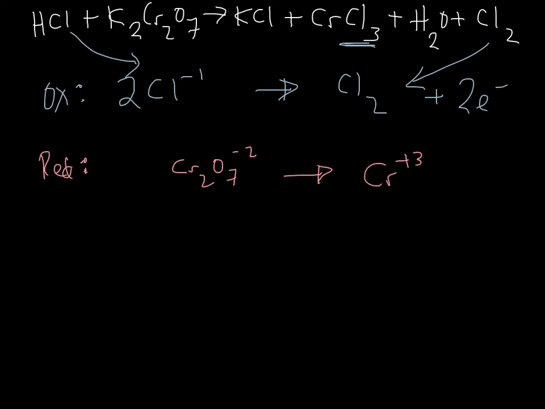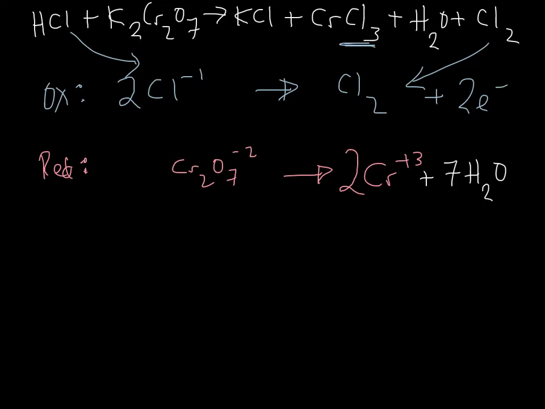Then I'm going to balance the chromium, so I need to put a coefficient of 2 on the product side. The next step is to balance the oxygens, so I need to add H2Os to balance out the oxygen. So on the product side, I'm going to add 7 water molecules, because remember, all these reactions take place in aqueous solution, and that 7 water is going to balance out the oxygen.